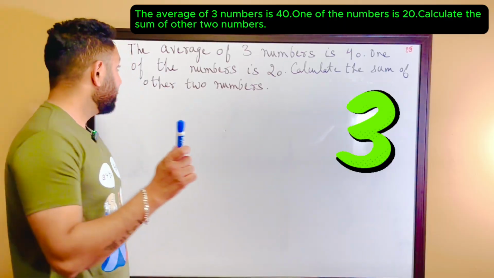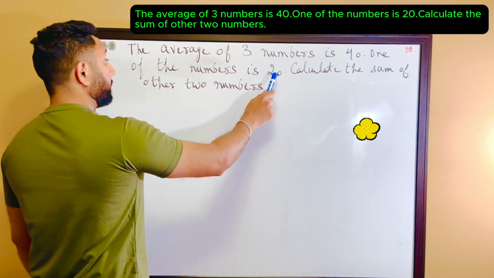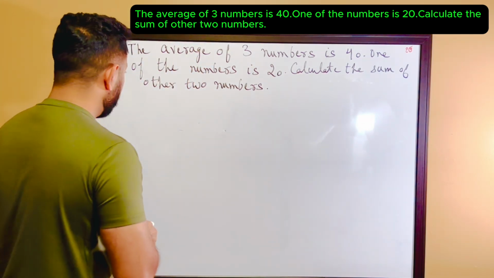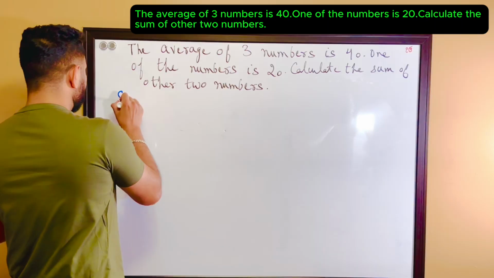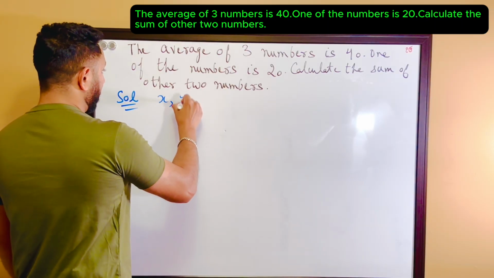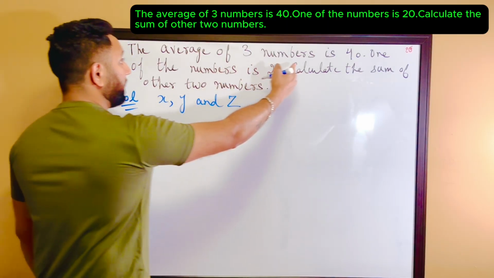So our third example is the average of three numbers is 40. One of the numbers is 20. And we need to calculate the sum of the other two numbers. So first of all, let's suppose the three numbers are x, y and z, and the average of three numbers is 40.